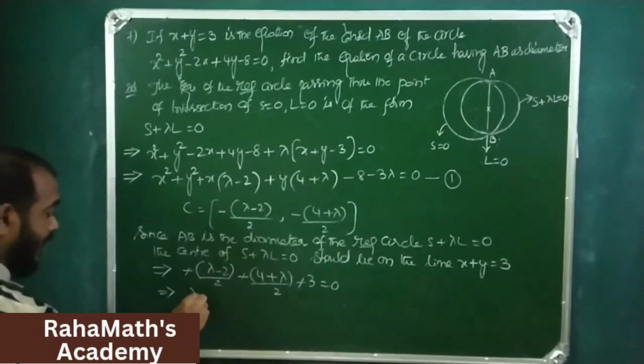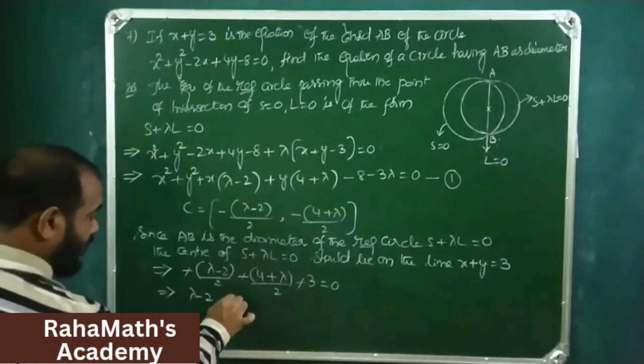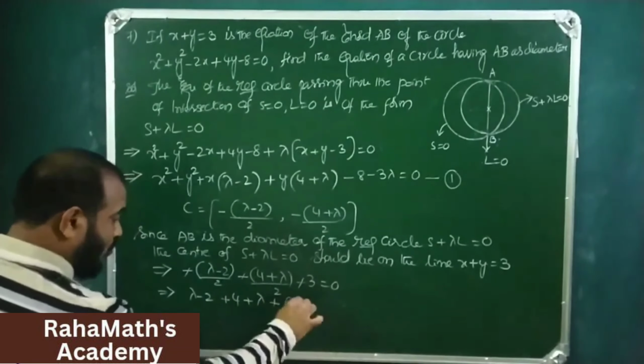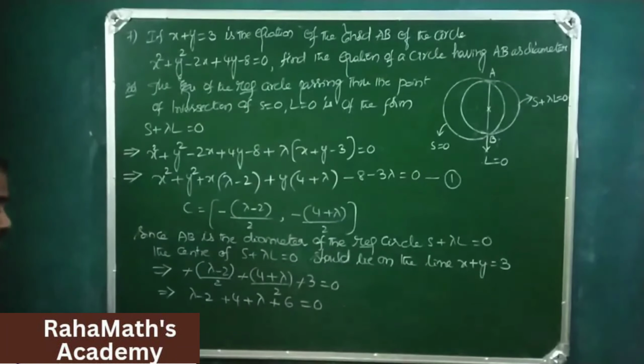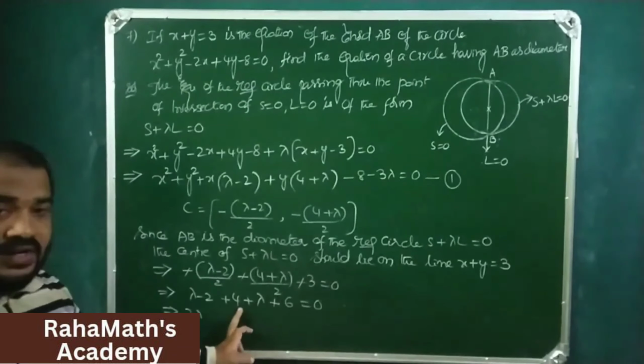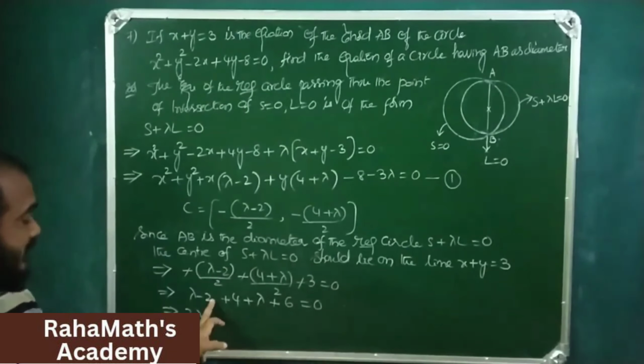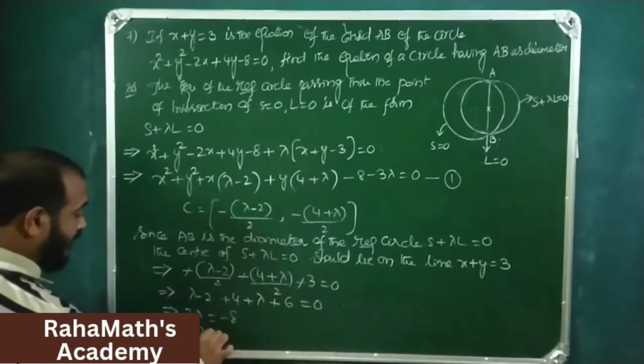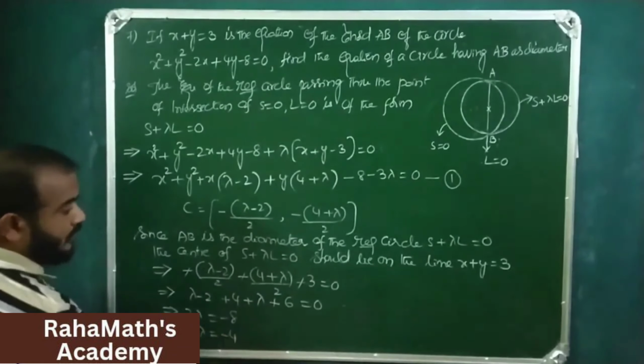So here lambda minus 2 plus 4 plus lambda plus 2 threes are 6, by 2 equals to 0. So lambda plus lambda is 2 lambda. So 6 plus 4, 10. 10 minus 2 is plus 8. This is minus 8 if I transpose. So lambda equals to minus 4.